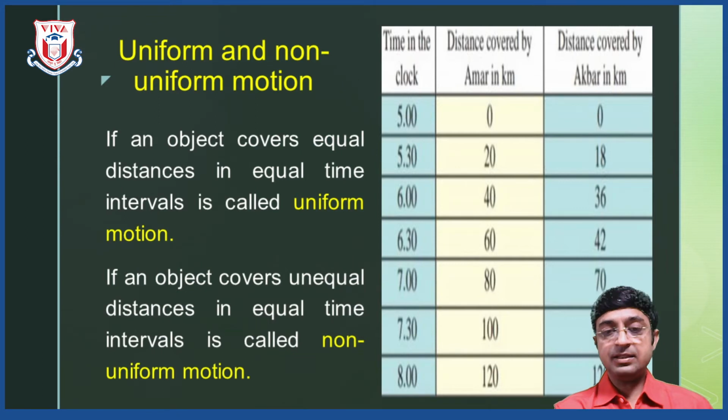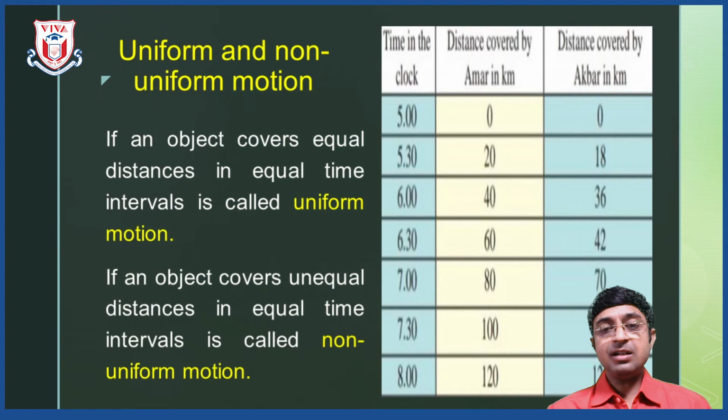Now see in this table, time is given, distance covered by Amar in kilometer and distance covered by Akbar. Now, the distance covered by these two persons at 5 o'clock is initially 0. From 5 to 5:30, after half an hour, Amar covers the distance 20 km and Akbar covers the distance 18 km.